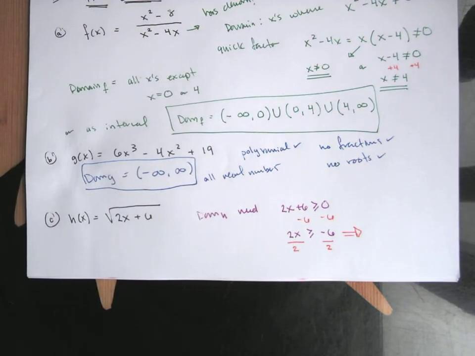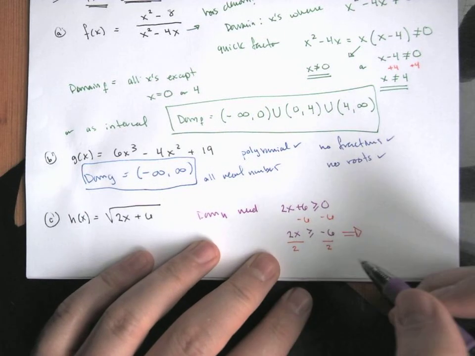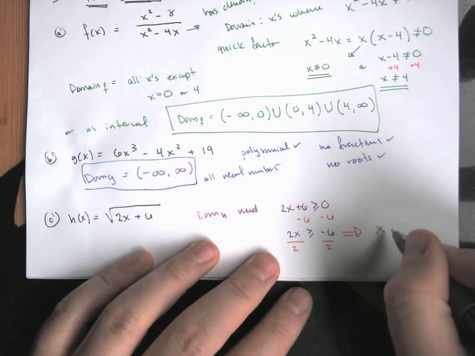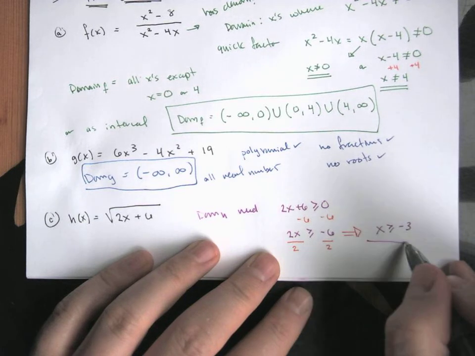So if we multiply or divide by a negative, it's going to flip that sign around the other way. This doesn't, there's a negative here, but we're dividing by positive 2. So this just means our x needs to be greater than or equal to negative 3.